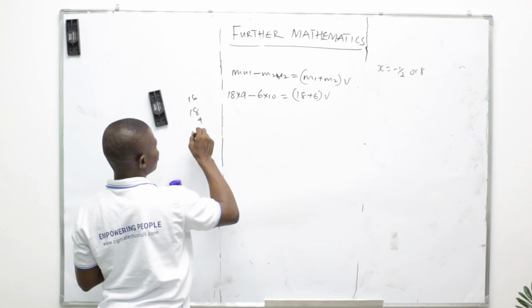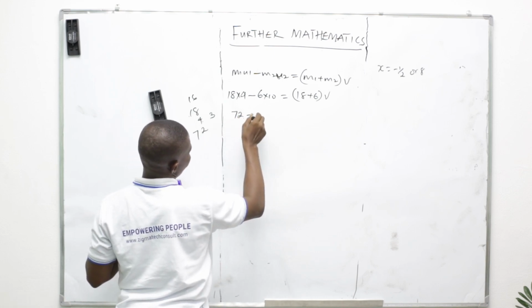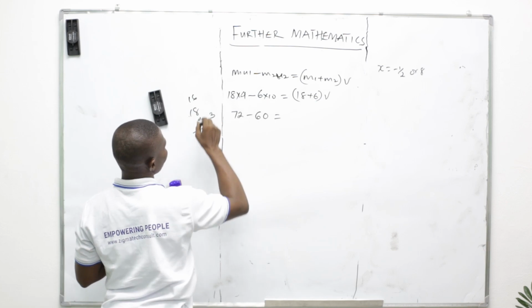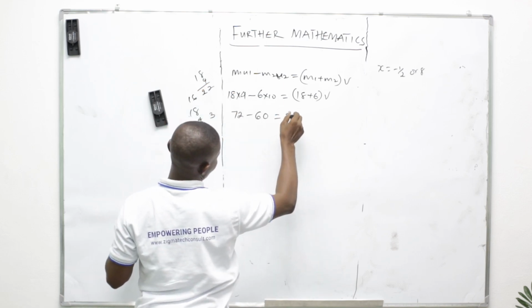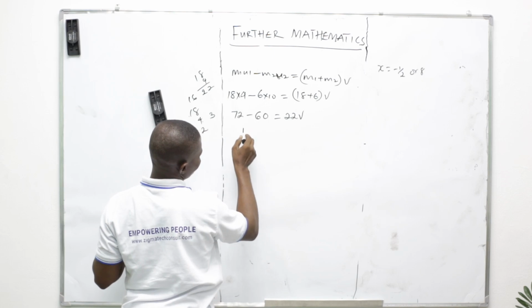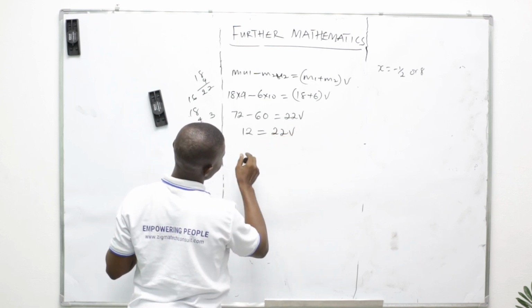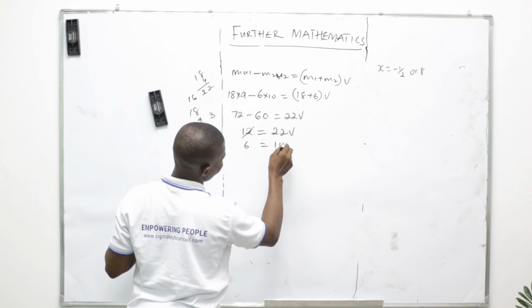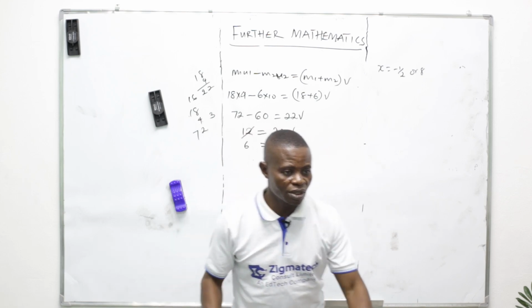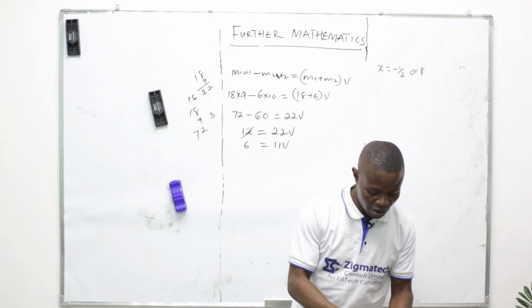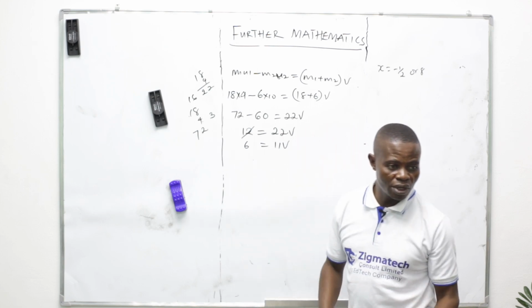18 times 4 is 72, minus 60 equals 18 plus 6, this is 24, 24 V. That is 12 equals 24 V. Let's subtract this very well: 18 times 4, 72, okay.